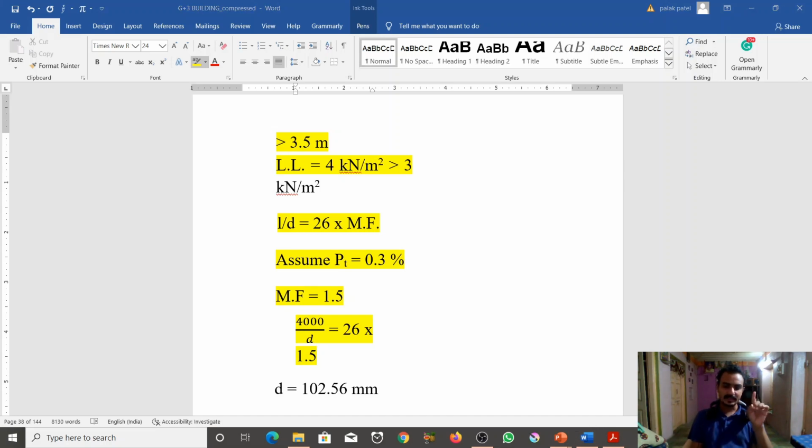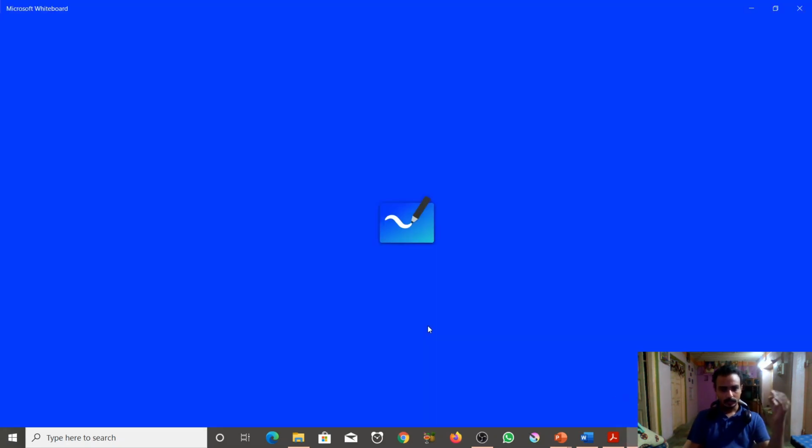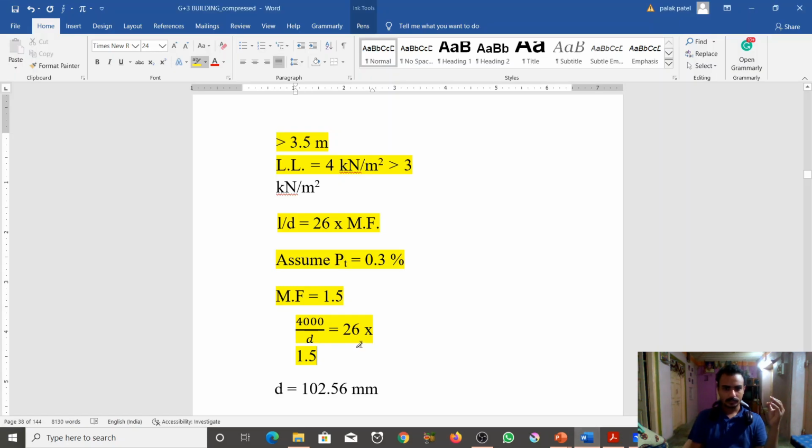Then length by depth ratio, the same equation is here: 4000 divided by effective depth is equal to 26 into MF. MF 1.5 is given.